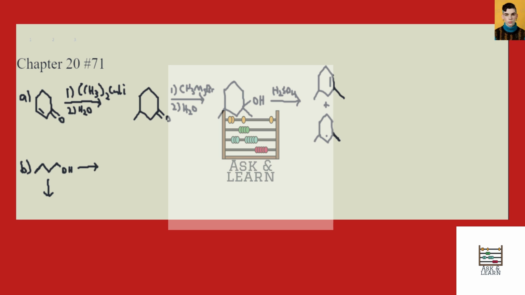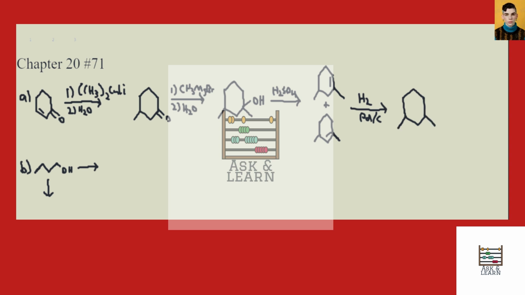But it really doesn't matter that we get that mixture of products because our last step is going to be a hydrogenation with hydrogen gas and palladium on carbon. And when we do that, no matter where the double bond is, it's going to go away. And so from either of those materials, a hydrogenation will give us our final product, which is this molecule.